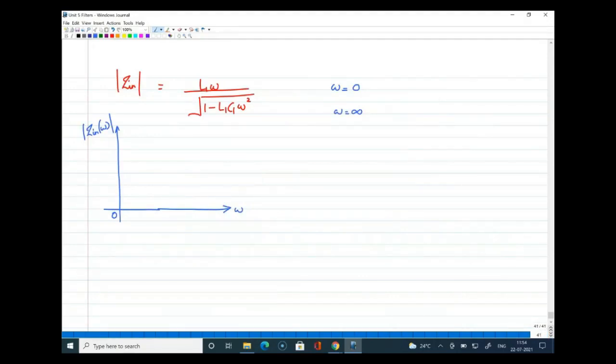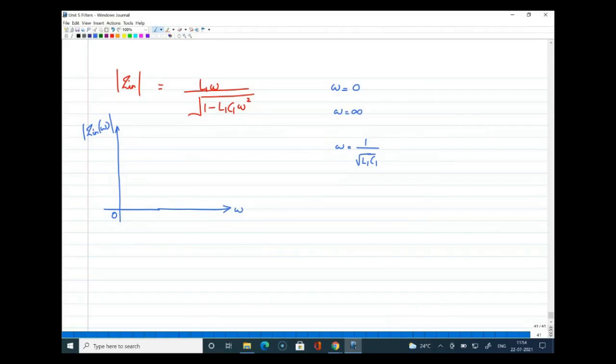So you can substitute omega as 1 by root L1 C1. By substituting these three, you should get the values of the magnitude of the impedance.